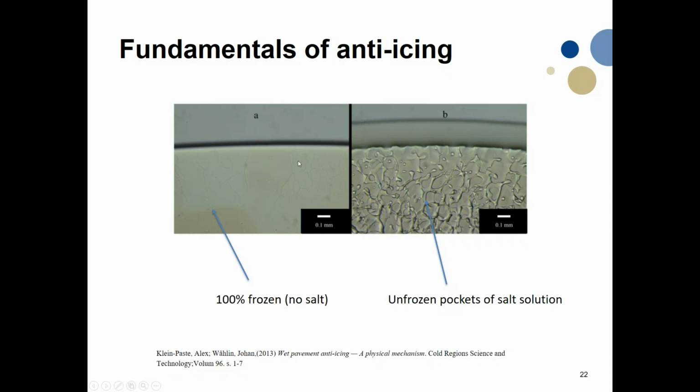But if we add a little bit of salt to that water and we let the water freeze, we see something completely different. Now we see parts of ice, which are the darker areas here, but you also see some lighter areas, and that is still unfrozen water. So even though the temperature is below the freezing point, we still have some unfrozen water in there.